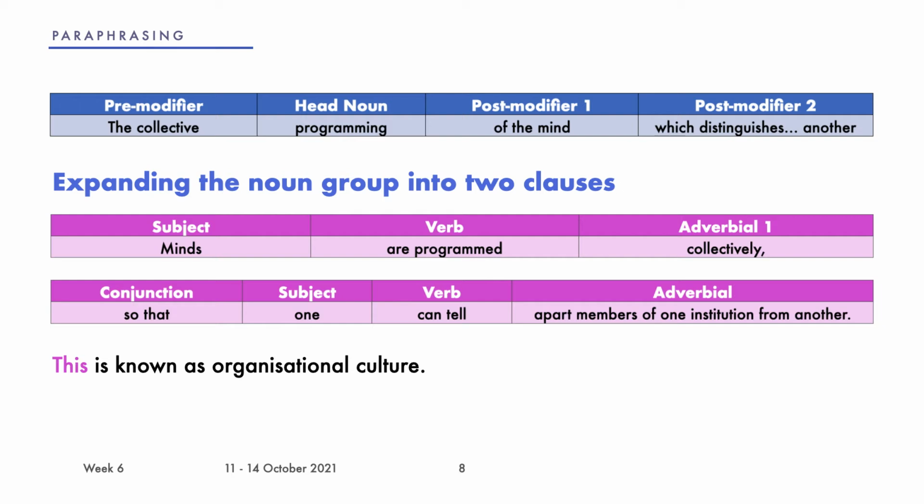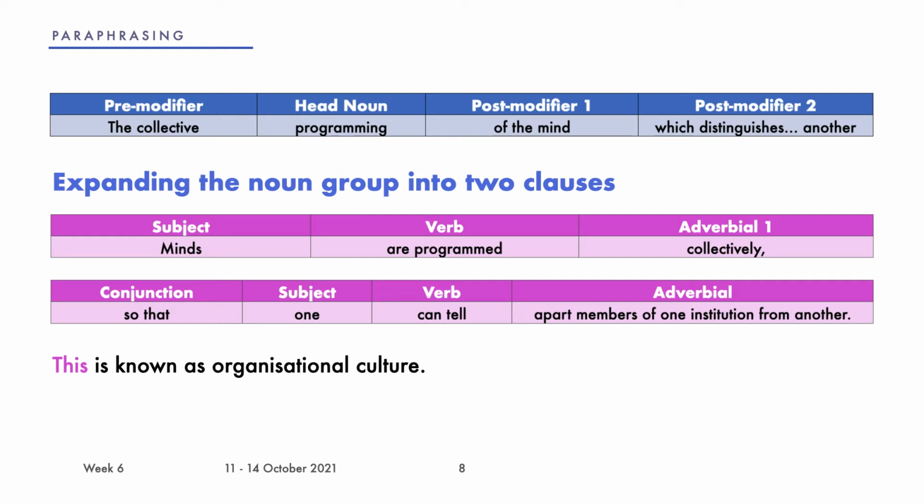And then after figuring out the main verb, are programmed, and the adverb collectively, you may want to recover the subject of the sentence. You can't just say are programmed collectively. So what are programmed collectively? So we have the minds. You may also say it's optional. Okay, minds of workers or minds of colleagues in a company are programmed collectively.